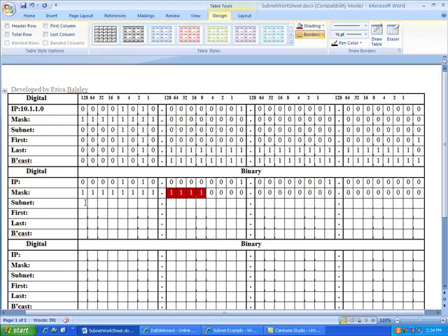The first one, the 0 subnet, is obviously going to be the same, because when we AND the zeros with the ones, the first one is going to be 0, 0, 0, 0, 0, 0, the network address. The next network address will be 0, 0, 0, 1.